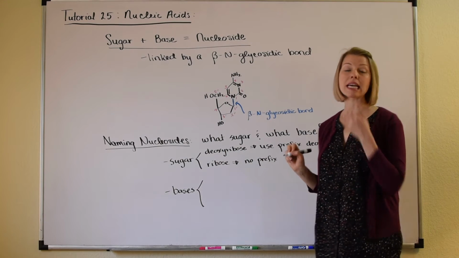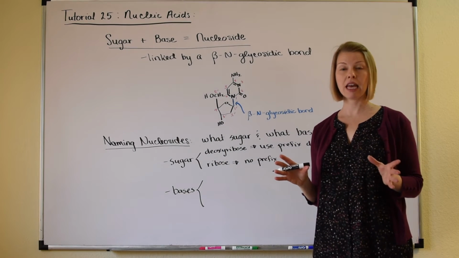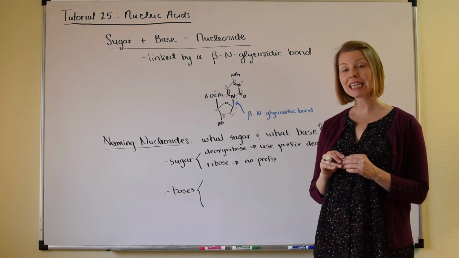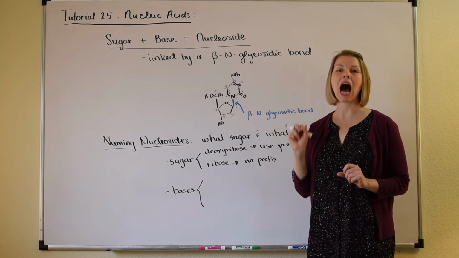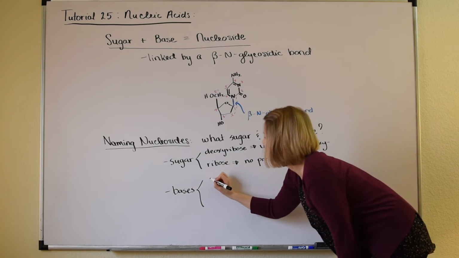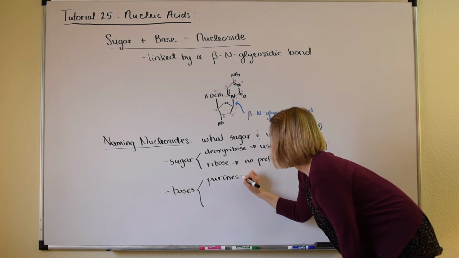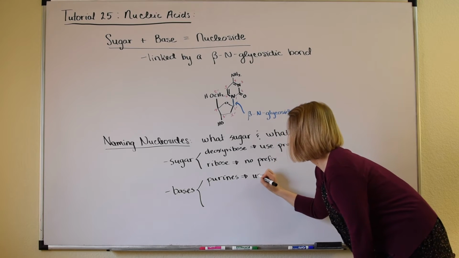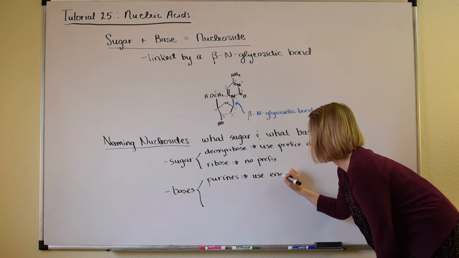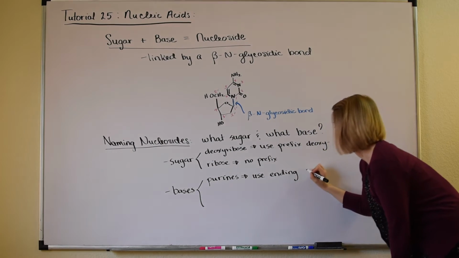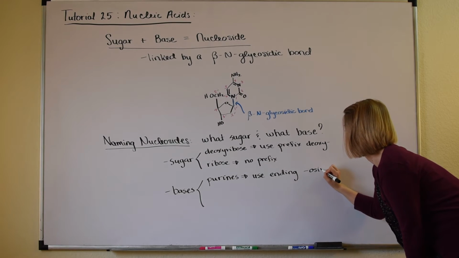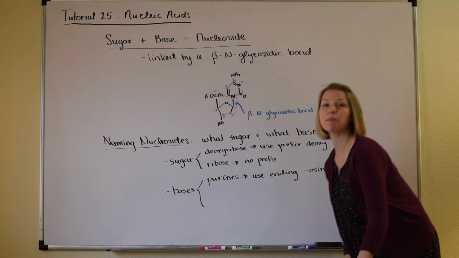If the base is a purine, then we're going to use the ending OSINE. I'm going to write that down here. For the purines, use the ending OSINE. So what does that mean?